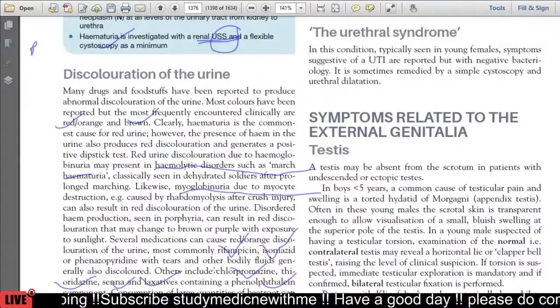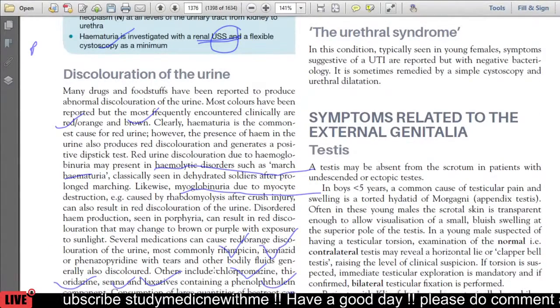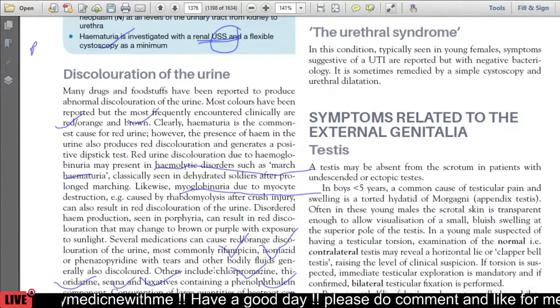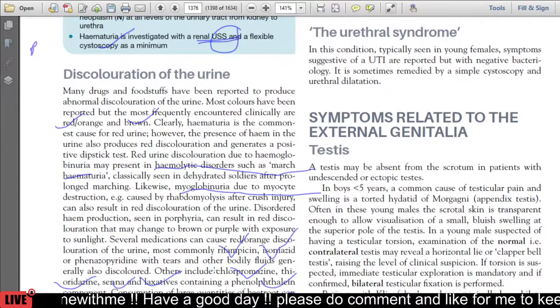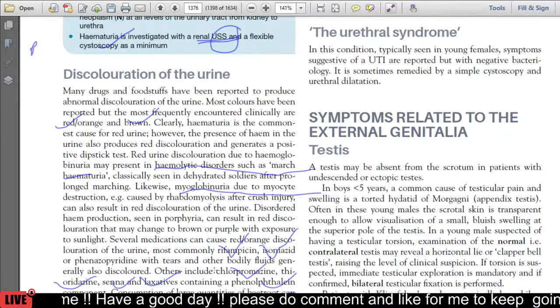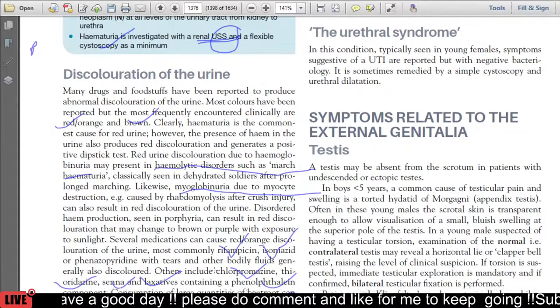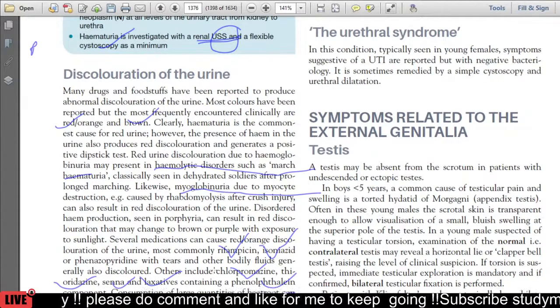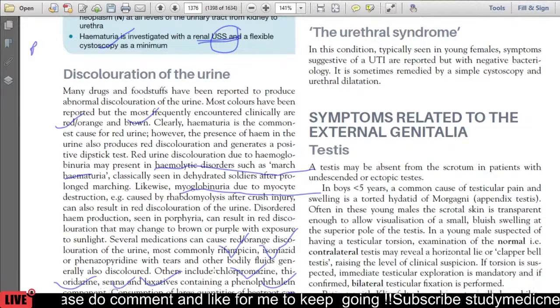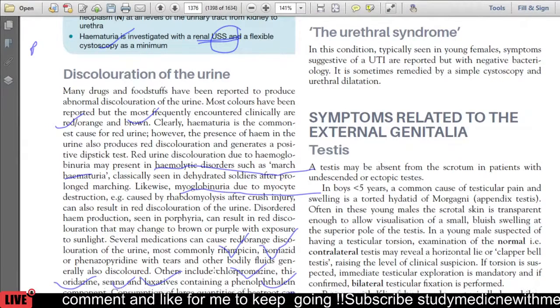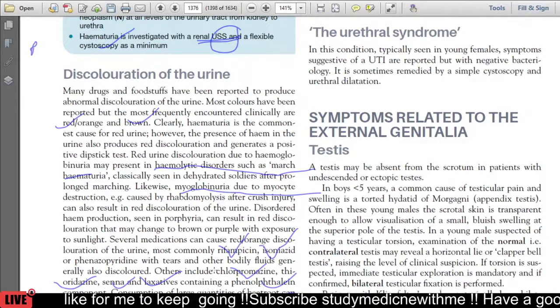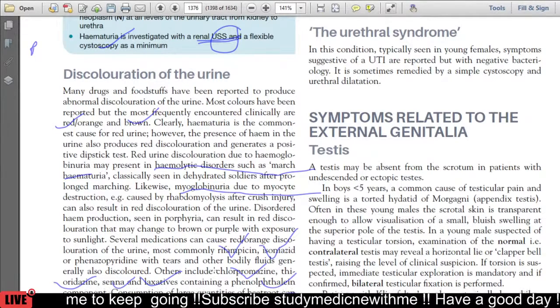So, in case of discoloration of the urine, the most common cause is redness of the urine, which is seen in case of excessive hemoglobin in urine, seen in hemolytic disorders such as march hematuria, seen in army people who have been marching a long day without having any drinks.